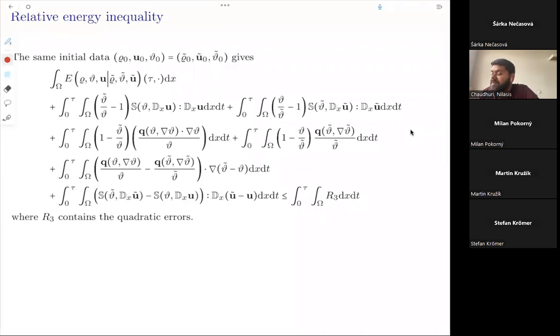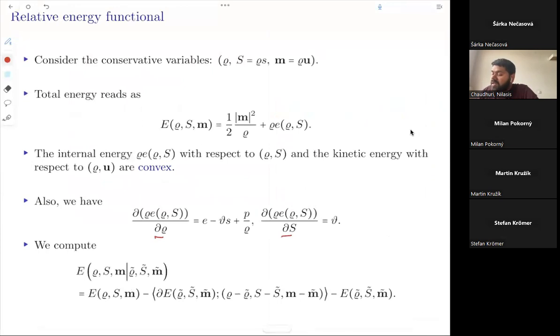If the initial data are the same, you get this quantity plus some other quantities related to the dissipation of the velocity that we have from the viscous stress tensor terms, which consider some errors like theta minus theta tilde squared, rho minus rho tilde squared, some sort of this. These are nice errors which we can manage, because from the Bregman divergence, if this is a convex function, you can always say that at least in some part, these quantities are greater than something like this.